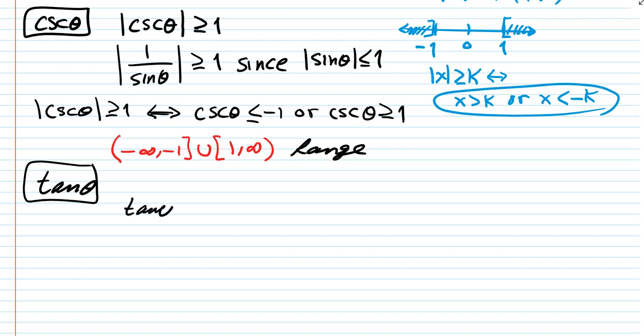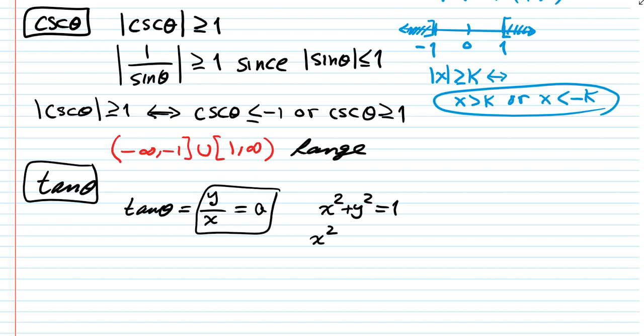We know that tan theta is the ratio of y to x, right? So whatever that is, call it a. Now, on a unit circle, we know x squared plus y squared is 1, correct? From this, we get y is equal to ax, correct? From the definition of tangent.